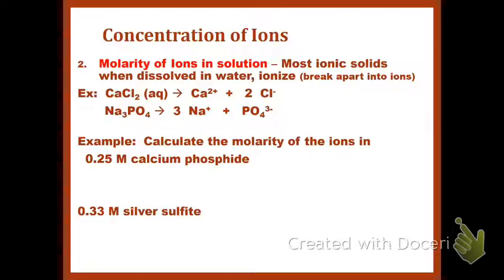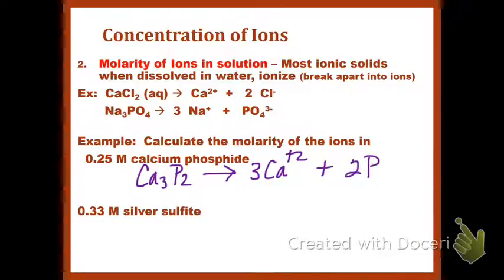So if I had calcium phosphide, let's review how we write formulas. How do I write the formula for calcium phosphide? Ca3P2. When that breaks apart, because it's ionic, I'm going to get 3 calcium ions, and I'm going to get 2 phosphide. So if I start out, I'm going to change colors so you'll see this.